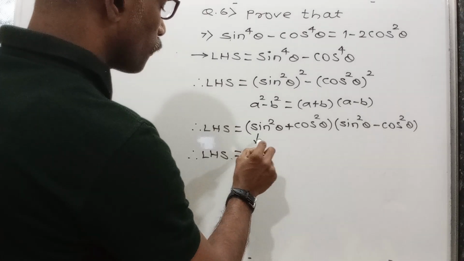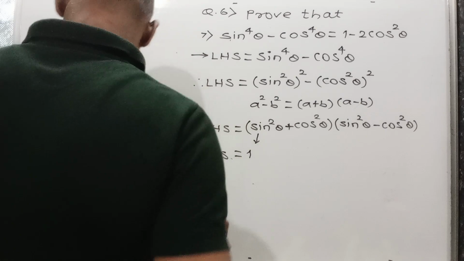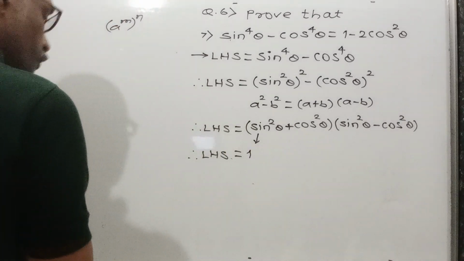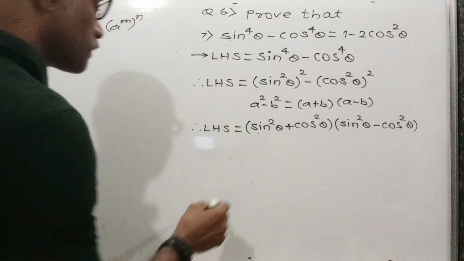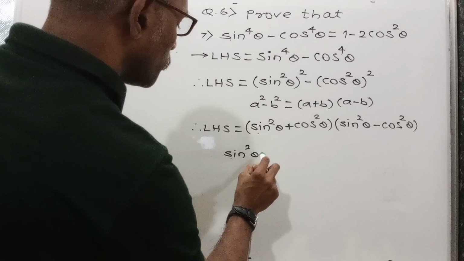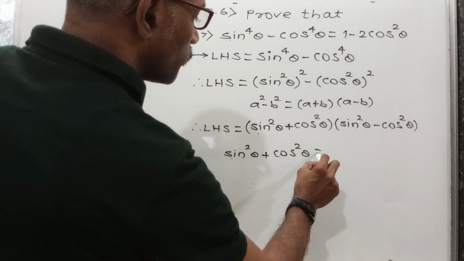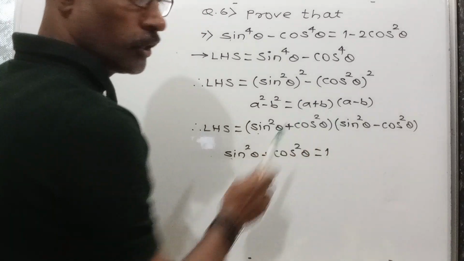What is the answer? 1. And I will show you that formula first, how to write this formula. See here, sin²θ + cos²θ is equal to 1. Instead of this we write 1 here.